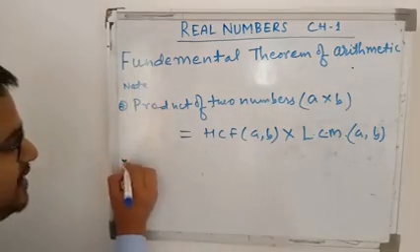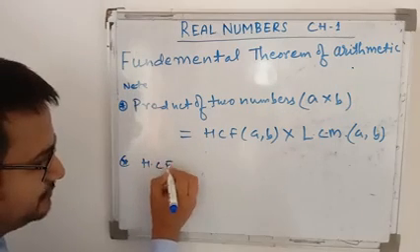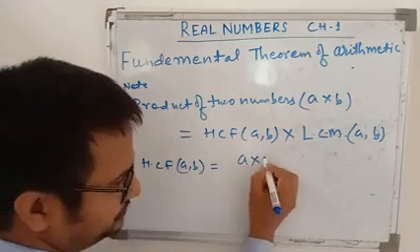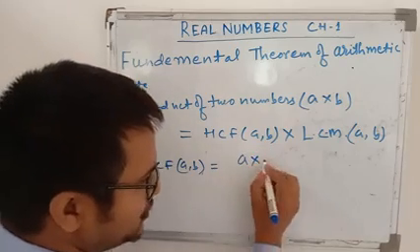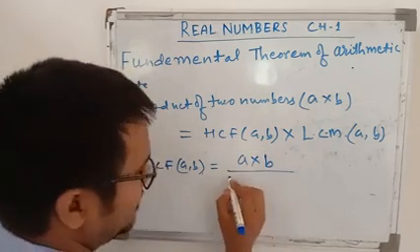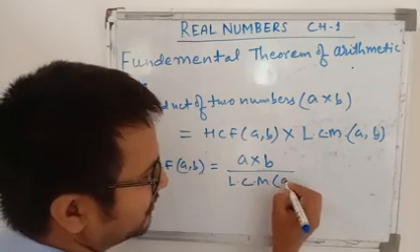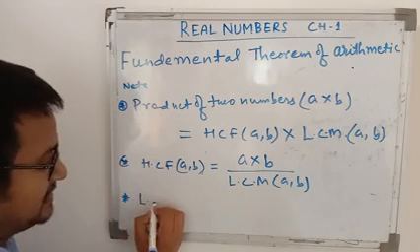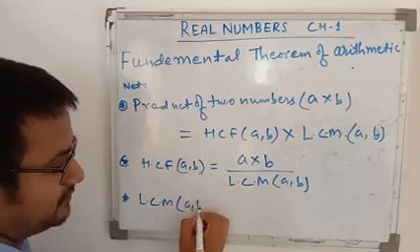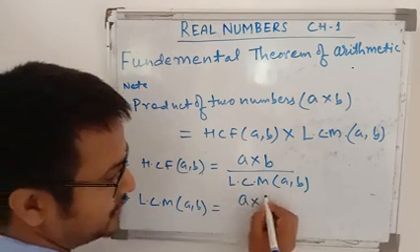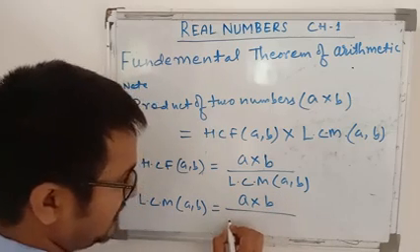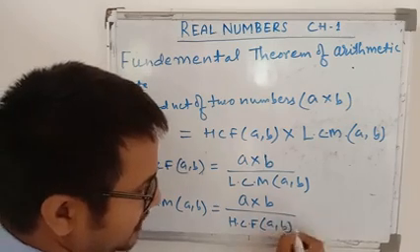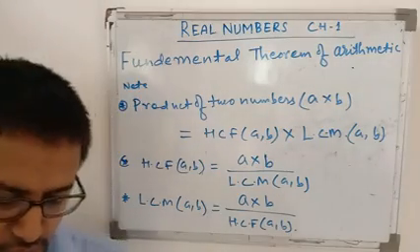This is one. In the same way, HCF of A comma B is equal to the product of the numbers, A into B, divided by LCM of A comma B. Same way, number 3: LCM of A comma B is equal to the product of the numbers, A into B, divided by HCF of A comma B. These are the important formulas that you have to know.